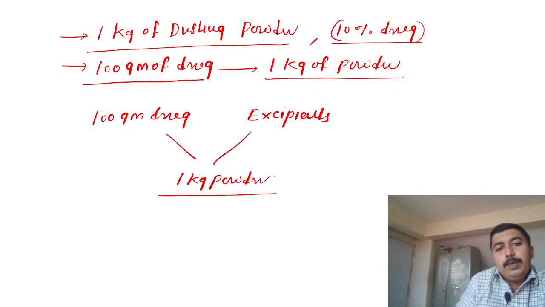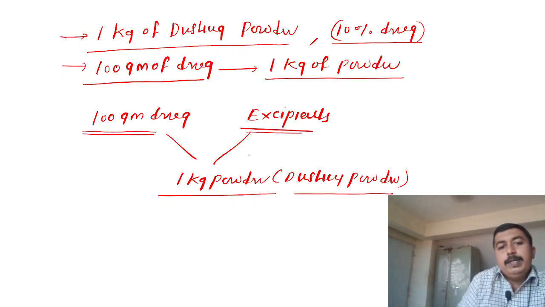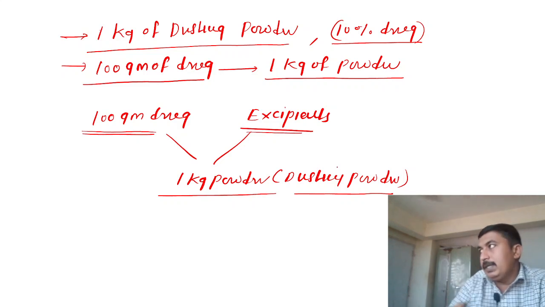Now this 1 kg powder is 1 kg dusting powder. So in 1 kg of powder I added 100 gram of drug and the remaining quantity of excipients, and later on I will get a dusting powder.